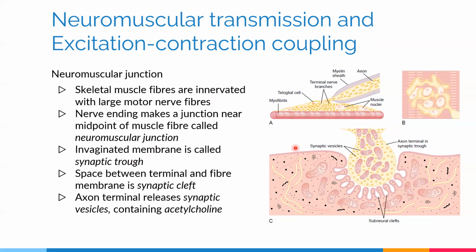The neuromuscular junction has a schematic shown right here. So the motor nerve comes and makes a junction on the muscle fiber itself. Invaginated membrane is called the synaptic trough. So where the motor nerve makes a contact with the muscle is invaginated like this, and this part is known as the synaptic trough.